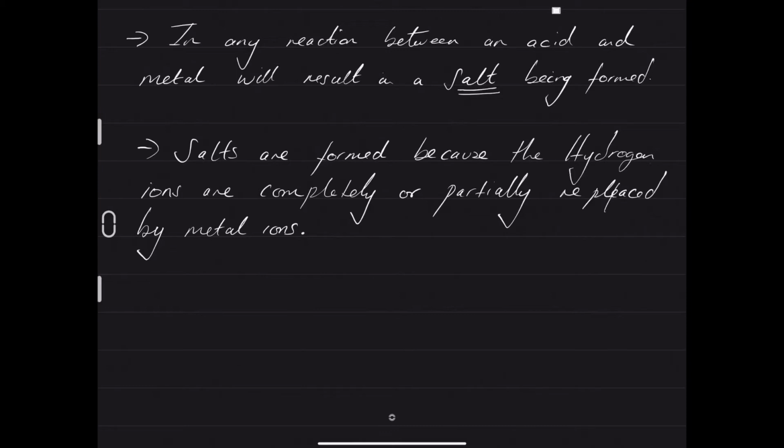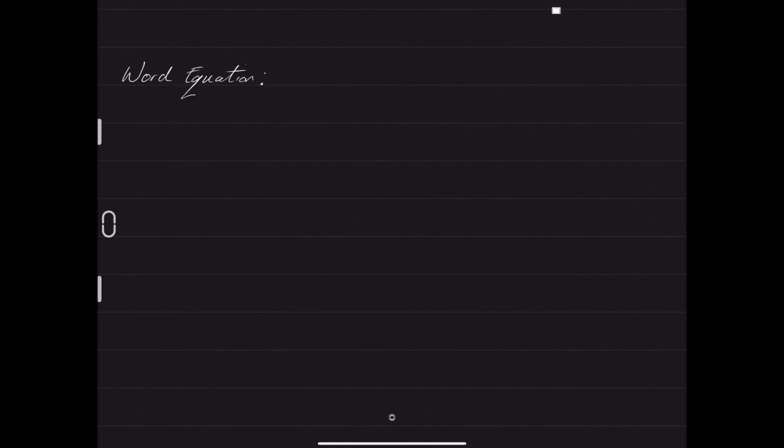So what I want you to do is pause the video here, and note or jot down what you think is happening to the hydrogen ions if they are completely or partially replaced by metal ions. What could happen? If you have an answer jotted down with respect to the hydrogen, I'm going to give you a word equation, and I hope the answer is clear once I finish this word equation.